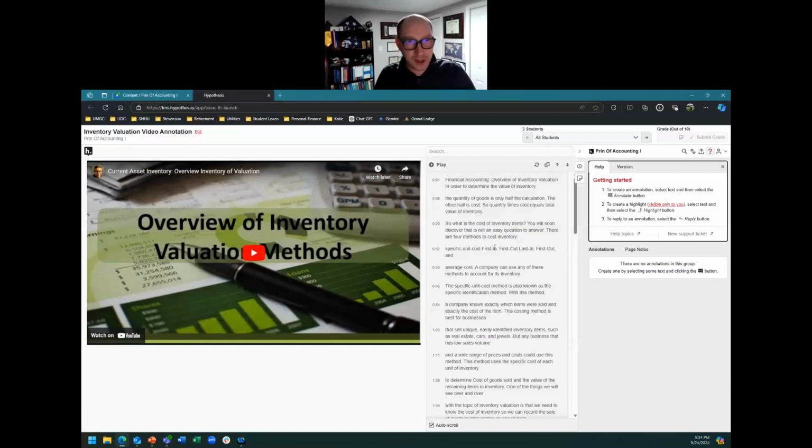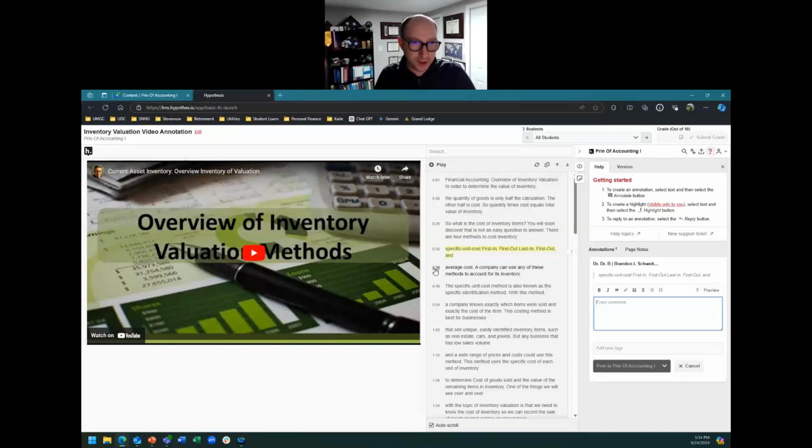Just as you've done before with other hypotheses, you'll select the part that is most interesting to you. You'll select the annotation button, and then you'll type out your annotation, usually about a paragraph. Then you'll click post, and remember to go check back and respond to 2 of your classmates, and that'll get you full credit for a hypothesis.